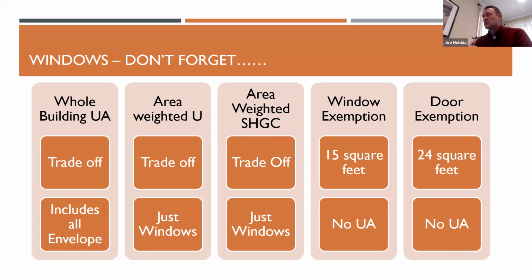So if you have a unique decorative window that doesn't have a sticker, or you've just lost a sticker on one, as long as it's within that square footage, you could exempt that window from your compliance.